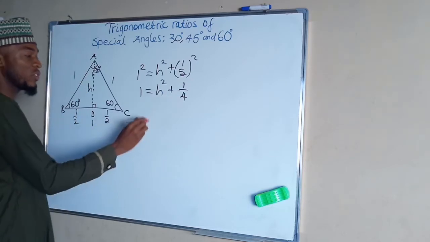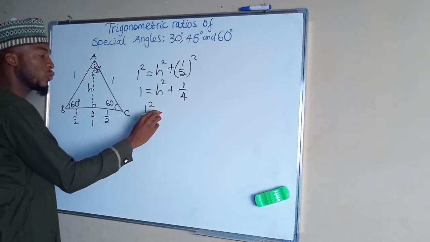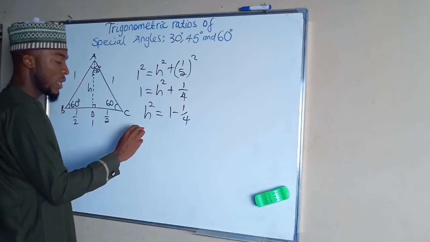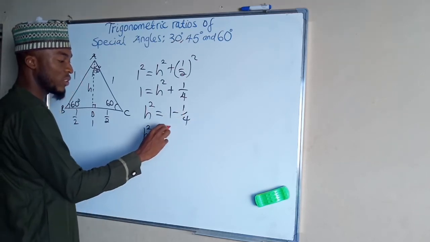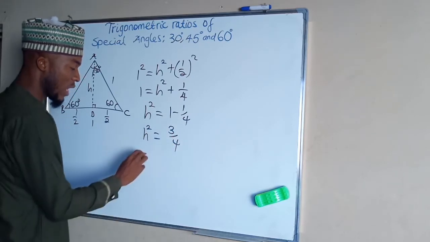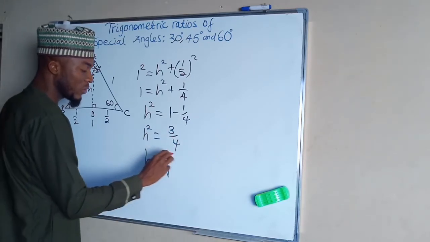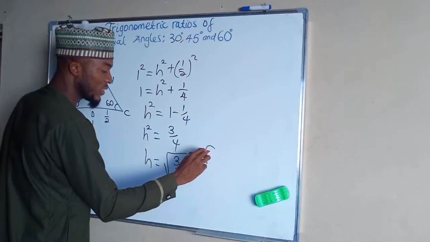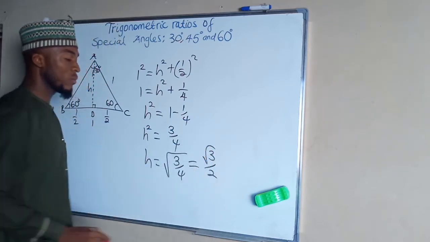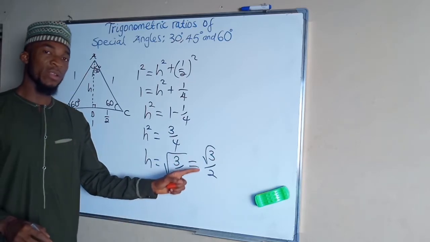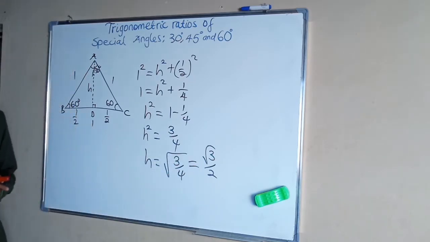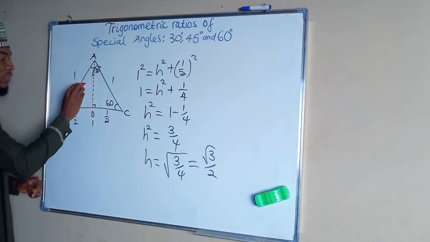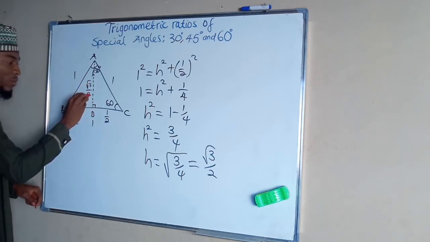But we are looking for h, so h squared will be equal to 1 minus 1/4, so h squared will be 3 divided by 4, and h alone will be equal to the square root of 3/4, which simplifies to root 3 divided by 2. The reason why we don't have plus or minus here is because every length is positive. So it means that this h is root 3 divided by 2.